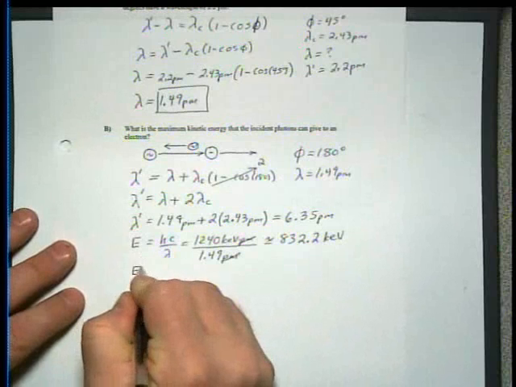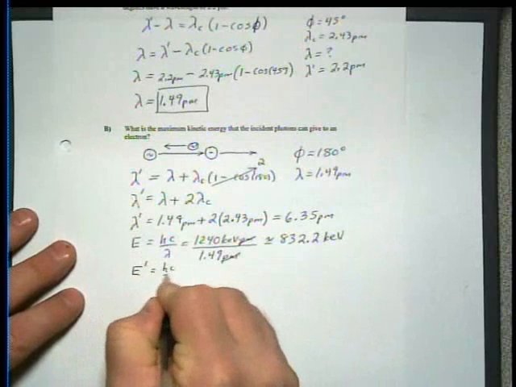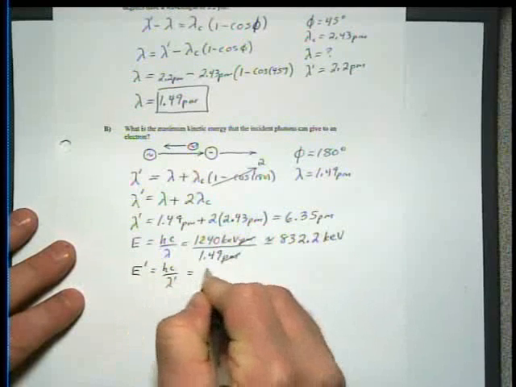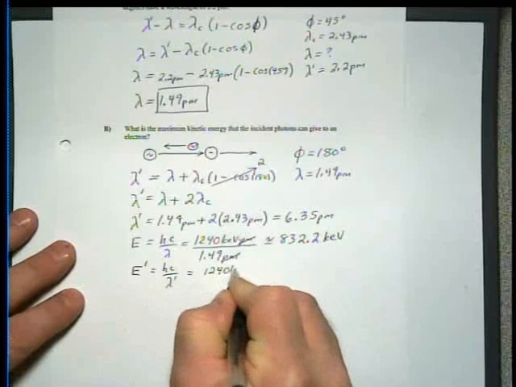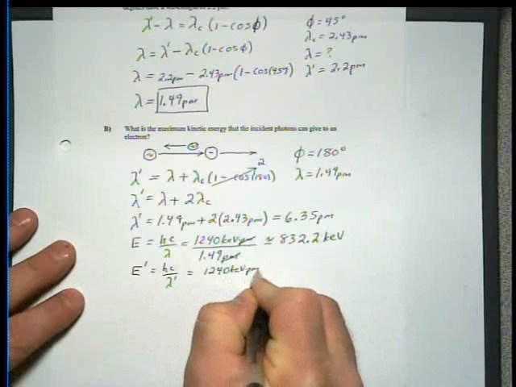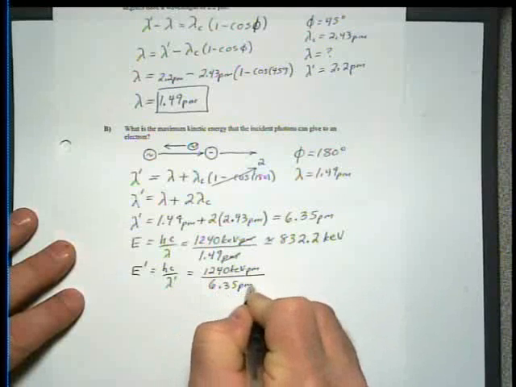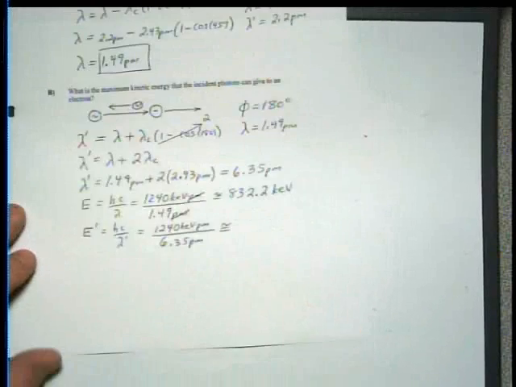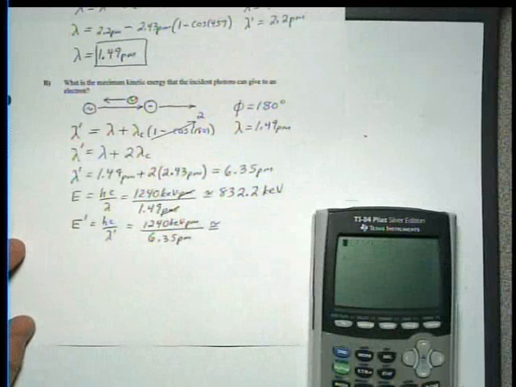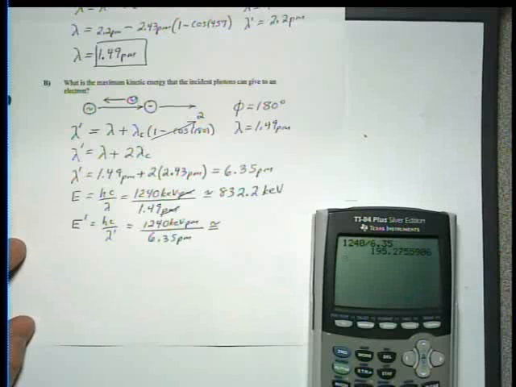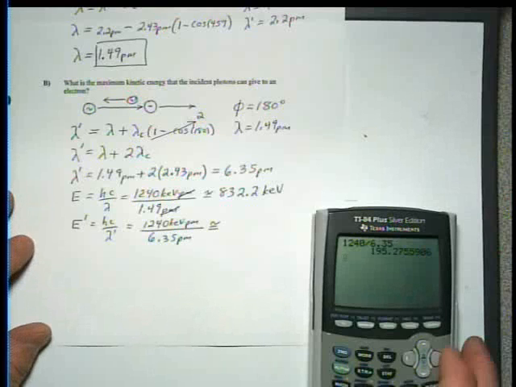The energy of the scattered photon was hc over lambda prime. It was 1240 keV picometers again. This time I'm dividing by 6.35 picometers. If I've done that correctly, I find that it's 195.3 keV.